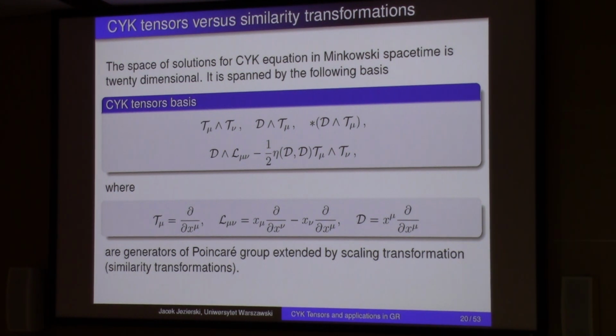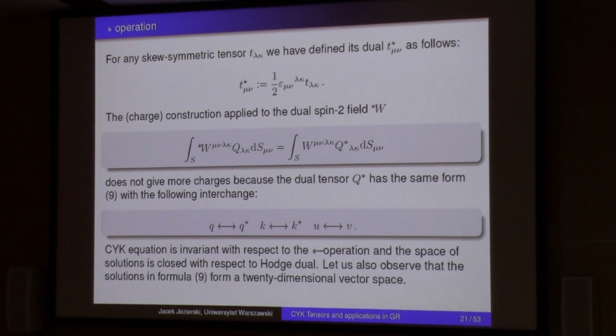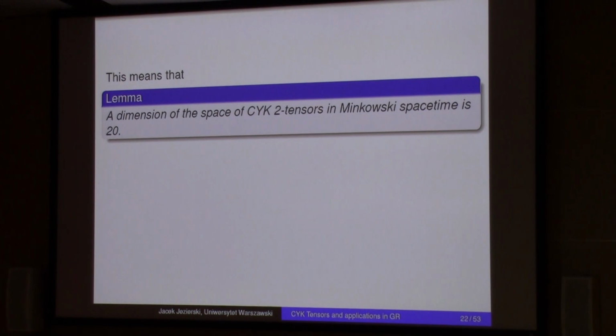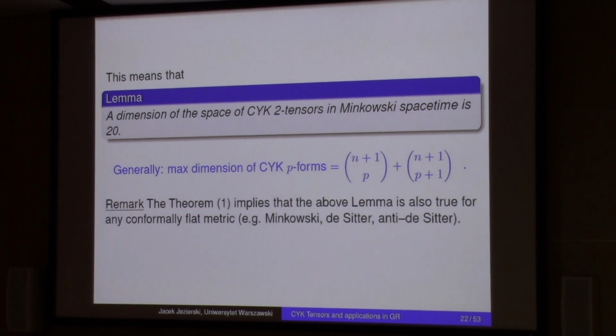So from those generators, translations, Lorentz transformation and dilation, you can construct by wedge product, etc. They're all solutions. Okay, maybe I will skip something. You should remember that the dimension of the space of solutions is 20-dimensional, and this is general for p-forms, etc. So this holds for maximally symmetric spacetimes, let's say.